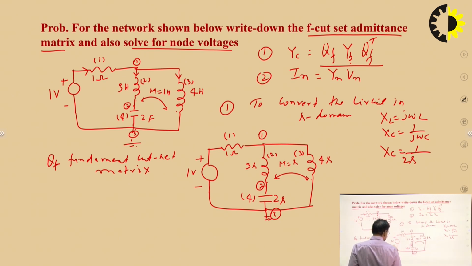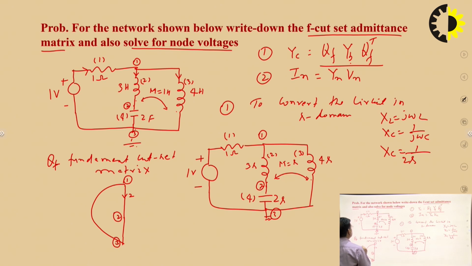This is 1 ohm, so this is branch 1. This is node 1, then node 2, and node 3. Between node 1 and 2, this is branch 2. Then between 1 and 3 there is a branch, and the direction is this.